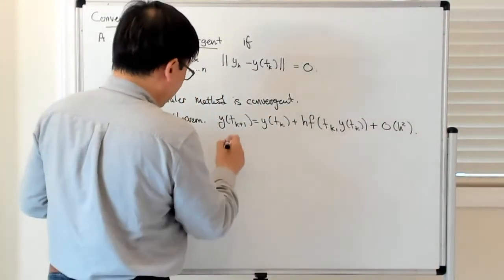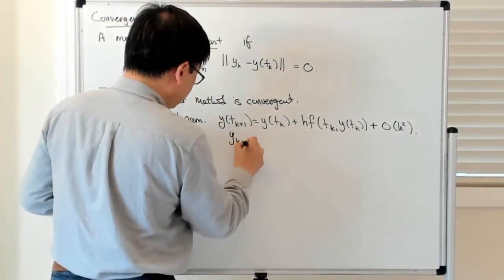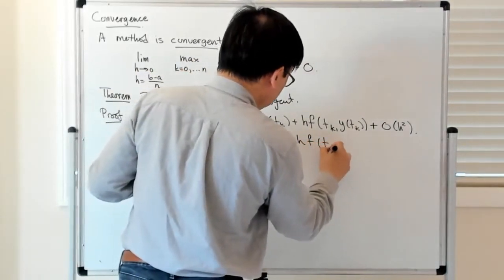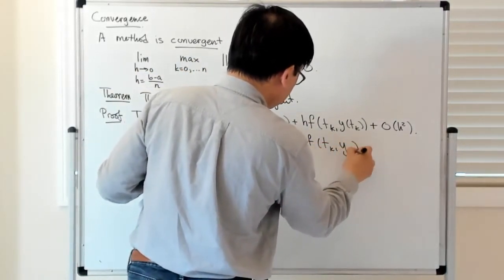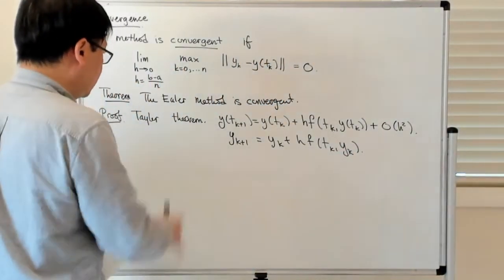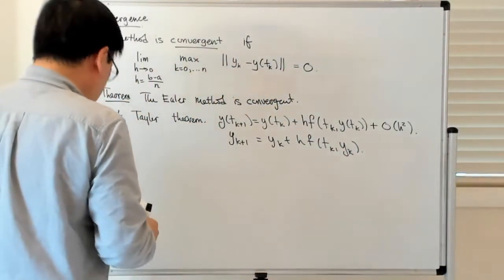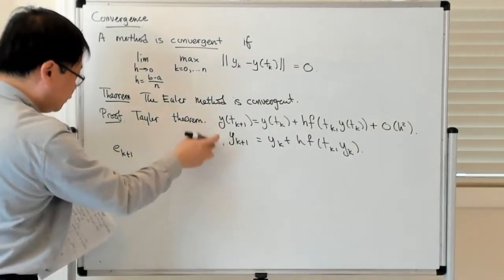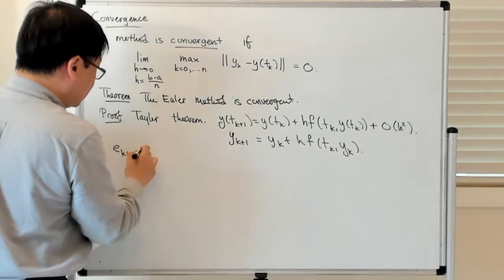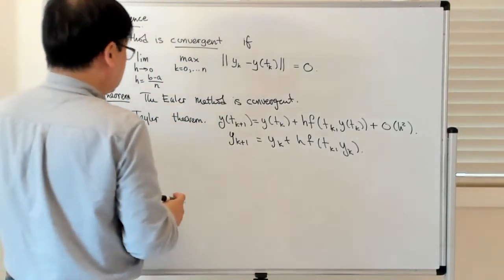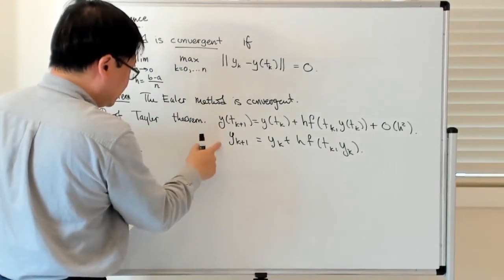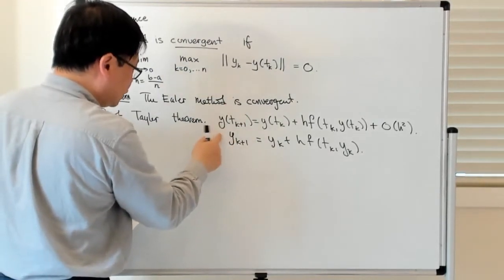And you compare it to y_{k+1} equals y_k plus h f(t_k, y_k), which is the Euler method. So the first is the exact solution, the second is the Euler method. Then you can look at the error e_{k+1}, the difference of these two things, which is the error at the k plus 1 stage.